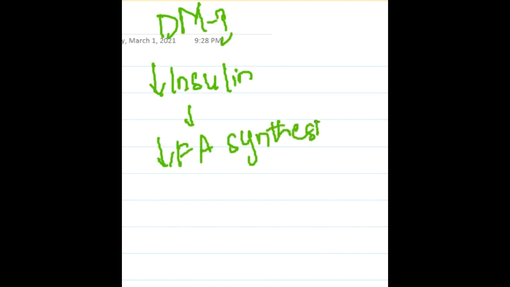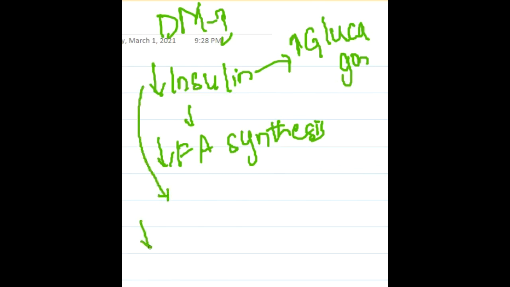So when insulin is decreased, this causes decreased synthesis of fatty acids, and it also increases glucagon, because insulin is decreased, so glucagon increases. That is, the conversion of glycogen to glucose increases, for which glucagon levels will increase. Whenever there is decreased insulin, acetyl CoA carboxylase activity will also decrease.